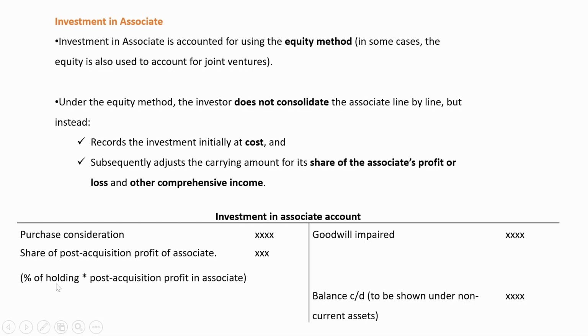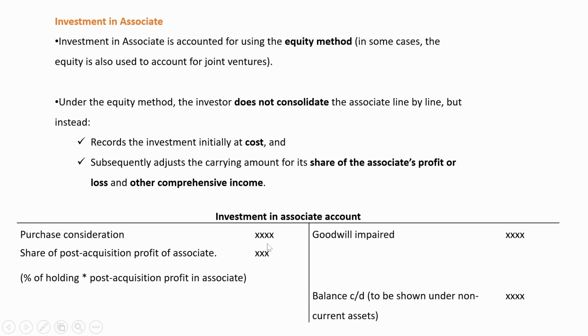So take the percentage of holding, multiply by post-acquisition profit in associate, and you add it to the purchase consideration. That means the investment has gained value because of the profit the holding company has gained from the associate.